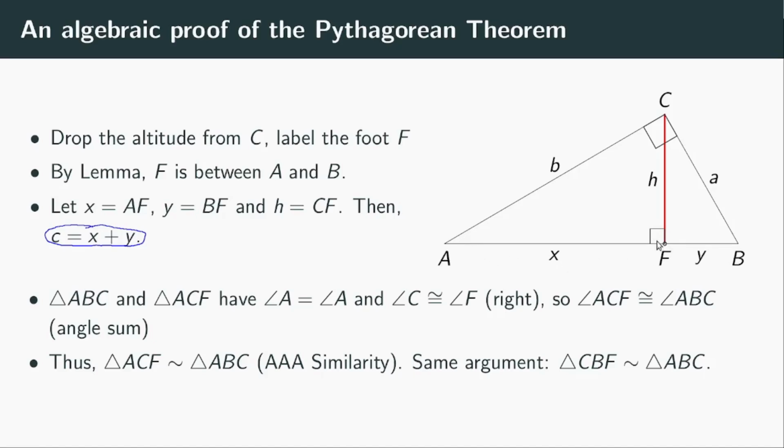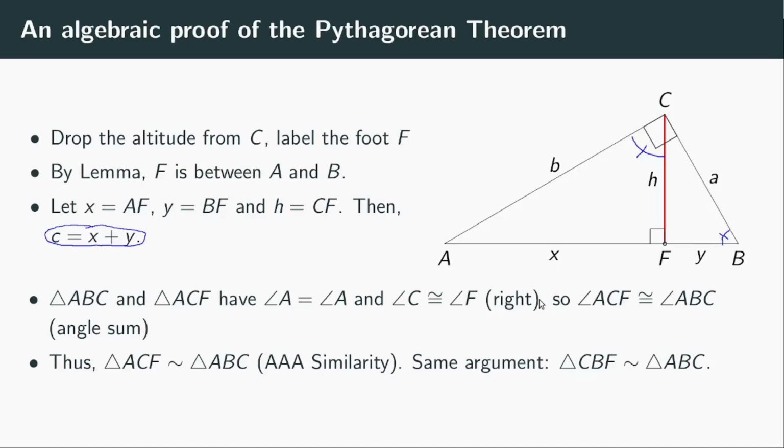The angle in F is congruent to the angle in C in my big triangle, because they're both right angles. And then by the angle sum, the third angle has to be the same, right? Because angle in A, angle in F, and some unknown quantity add up to 180. I have angle in A, angle in C, and then the angle in B add up to 180. So that means that this angle in B here is congruent to this angle in C there in my little triangle.